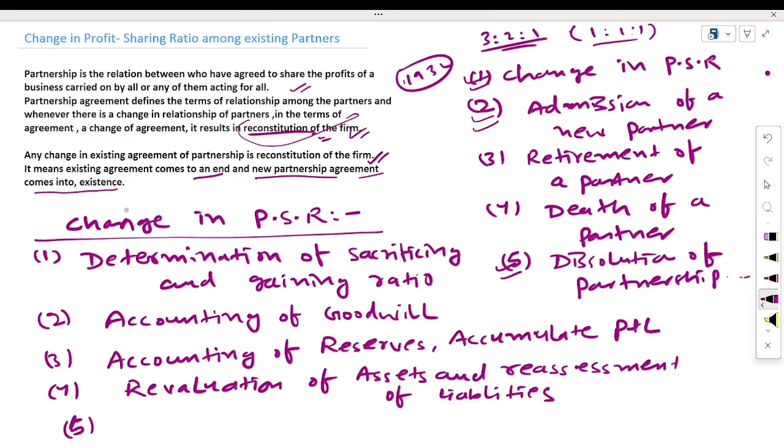At last, we will understand the adjustment of capital.